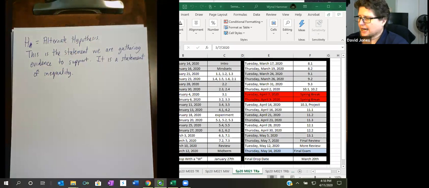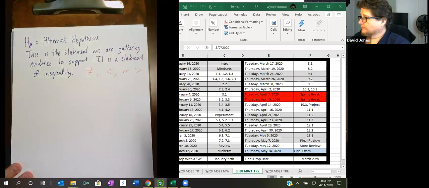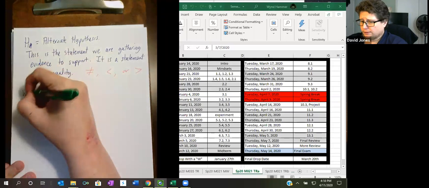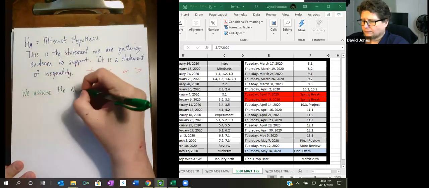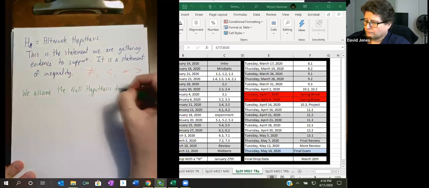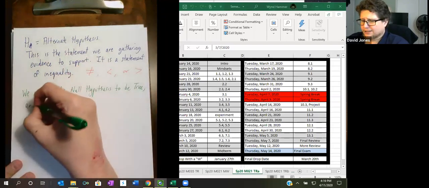Which means we're going to have a not equal sign, a less than, or a greater than. So we assume the null hypothesis be true. And we gather evidence to support the alternate one.